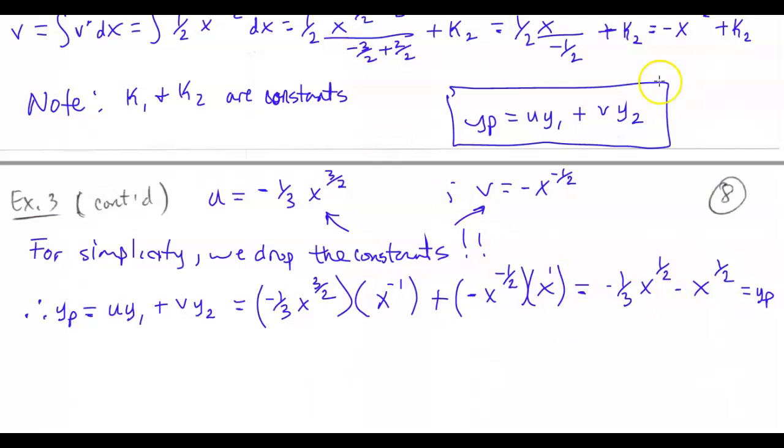So to write this simply, this would be negative 4 divided by 3 x raised to the 1/2. And that's what this y sub p would be in simplest terms.